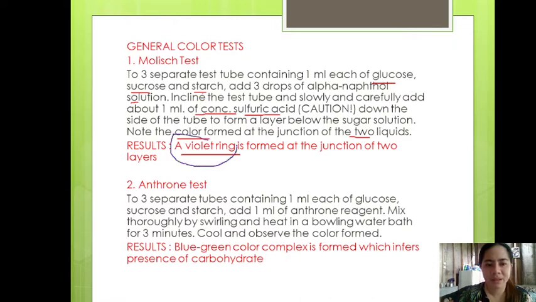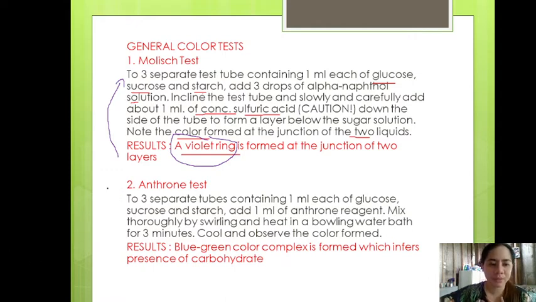A violet ring is formed at the junction of two layers. So, this is the result of the Molisch test. Just remember this, guys, because there is a question in your biochem lab.